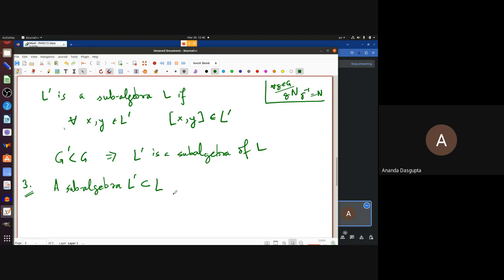Well, a subalgebra L prime of L is called, its name is slightly different, although some people do call it a normal subalgebra, but more often it's called an invariant subalgebra.